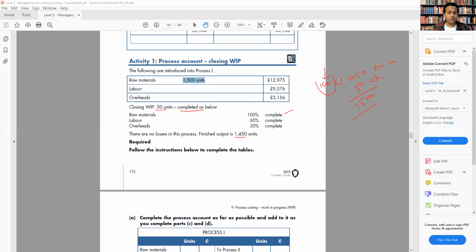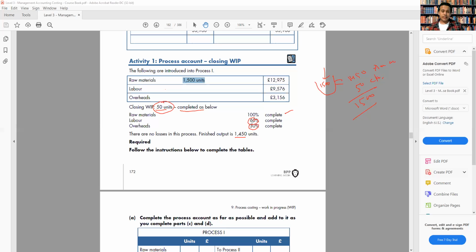So this is very wonderful. We don't have any loss. But of this 1500, the 50 units we have are for the closing. For this one, some of the overhead and some of the labor is not fully completed. So labor is 60% completed and the overhead is 30% complete.